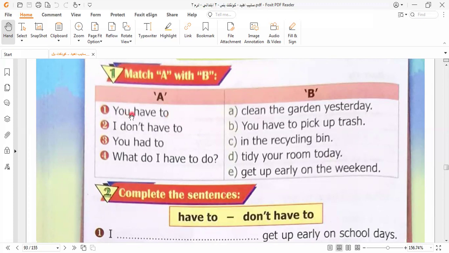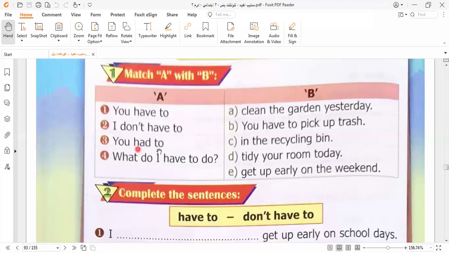You have to tidy your room today because we have here today. I don't have to get up early on the weekend, because on the weekend I would like to relax, not to wake up early. Wake up early only for school. So I select this one.